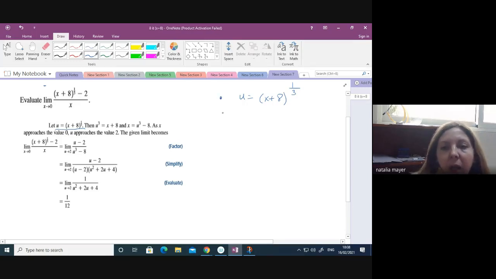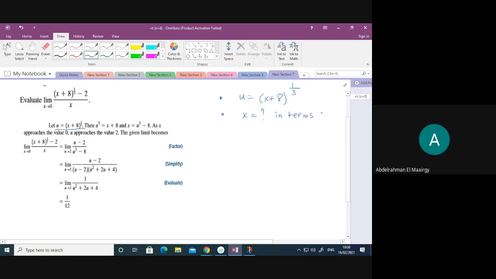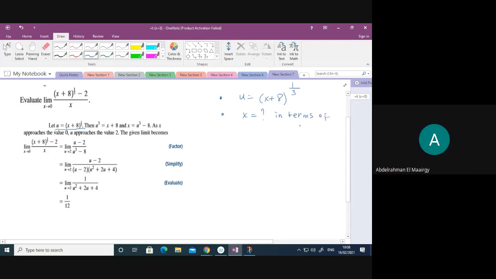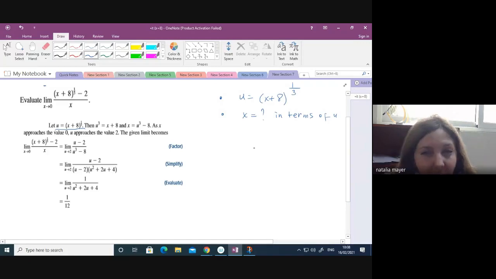Step number 2, if this is u and x is part of this expression, then what is x in terms of u? U cubed. Sorry, it's going to be x plus 8. Yes, x plus 8. You are in a hurry.